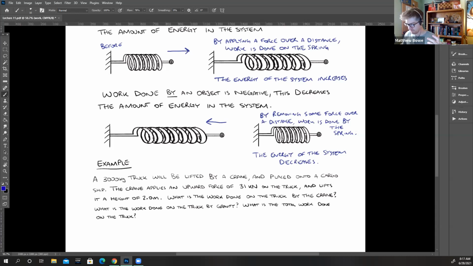This crane is lifting this truck with a certain amount of upward force, and it lifts it up to a height of 2 meters. What we want to know is, what is the work done on the truck by the crane? Second thing is, what is the work done on the truck by gravity? And finally, what is the total work done on the truck?